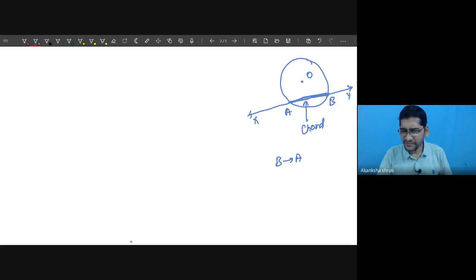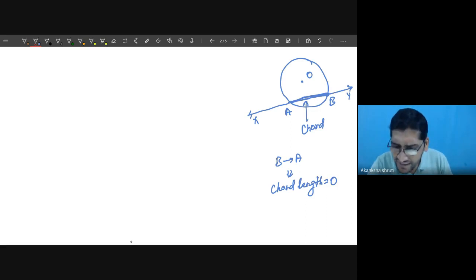So when this B coincides with A, what is the chord length? The chord length becomes 0. Another thing that we had learned: the perpendicular from the center to the chord is OM. This has some length different from the radius.